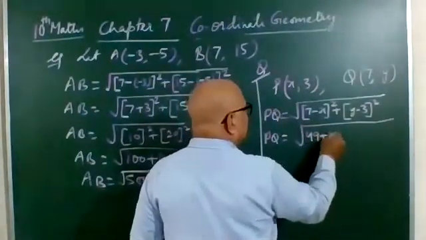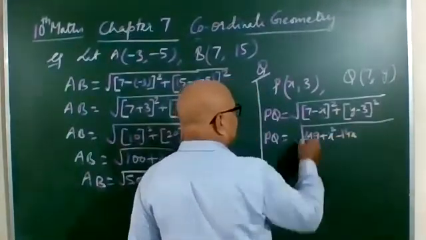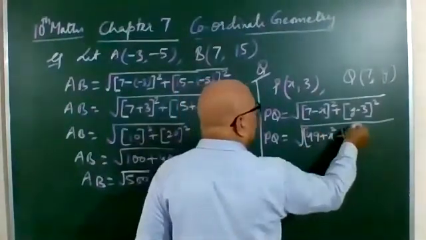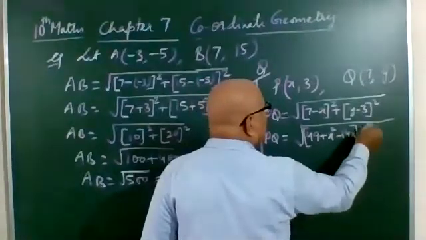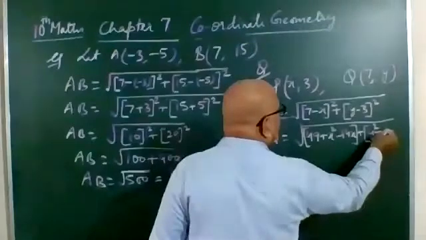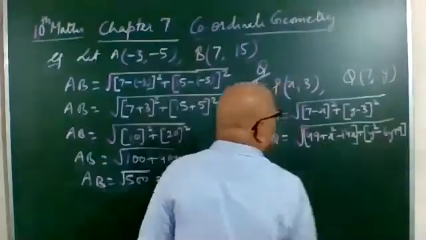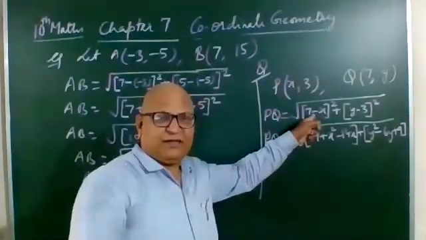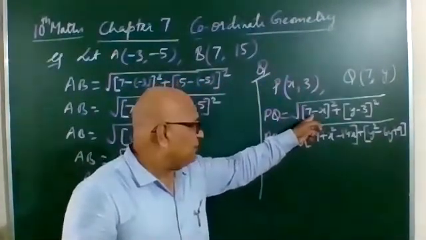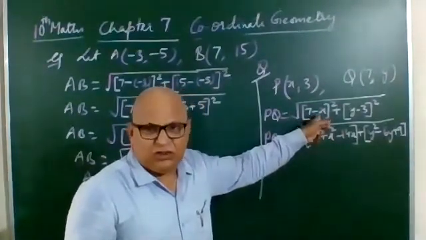is 49 plus x square minus 14x plus. I have opened this by the formula a minus b whole square.